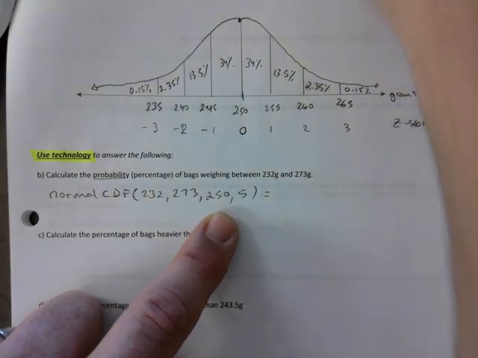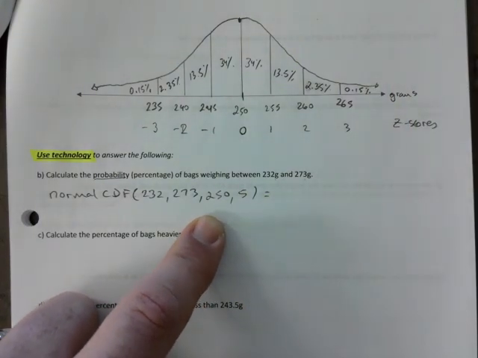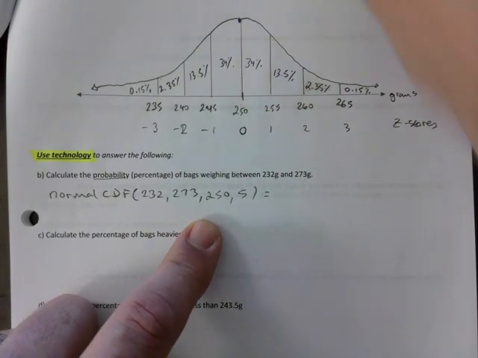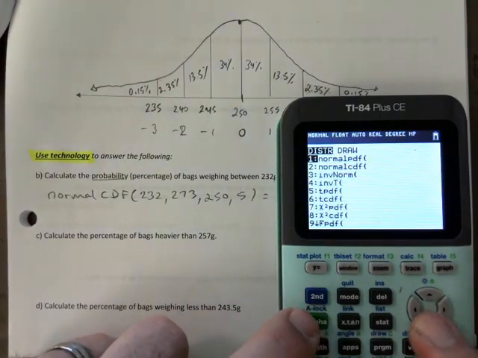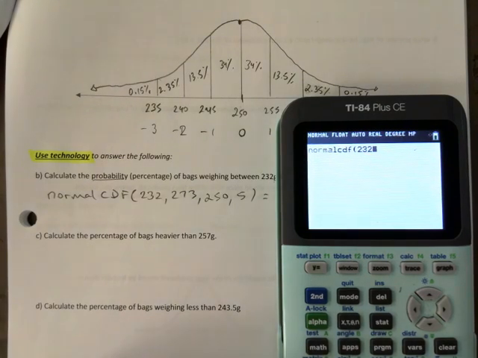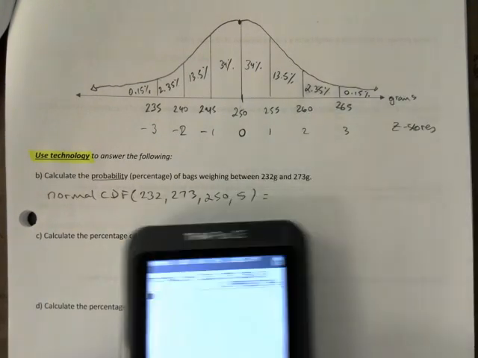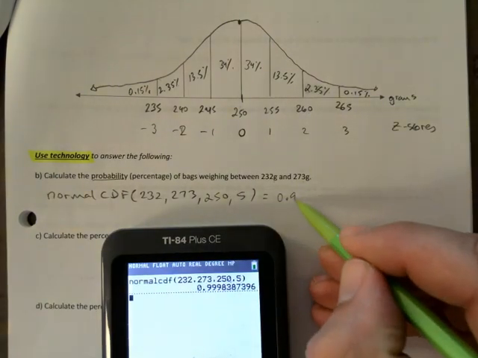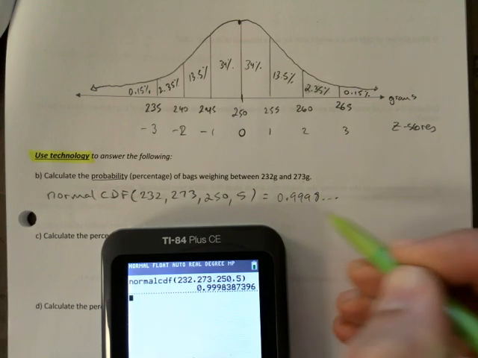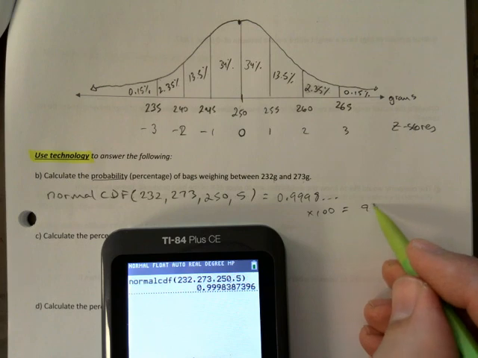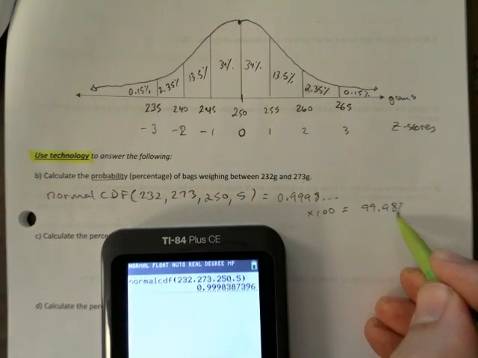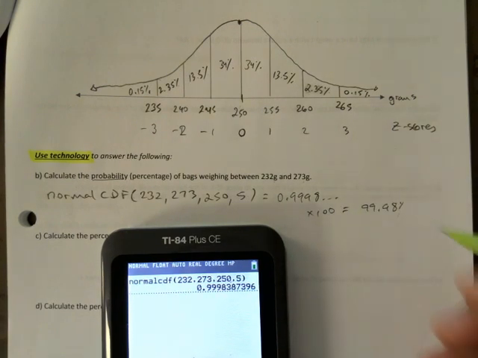What is that? Do I want to type this in? Sure. There we go. That's 0.9998 and then something. We multiply that by 100, and that would be 99.98% of bags.